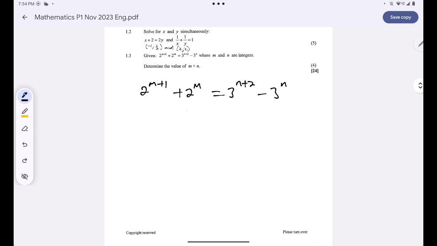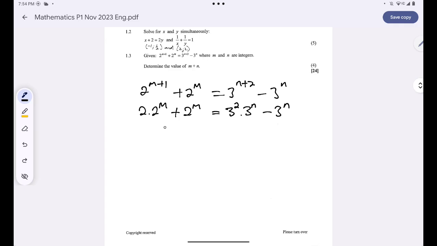Whenever I have plus and minuses separating my terms, the first thing I need to do is to separate my exponents as well. So I'll simply have 2 multiplied by 2 to the m plus 2 to the m is equal to 3 to the power 2 multiplied by 3 to the n minus 3 to the n.